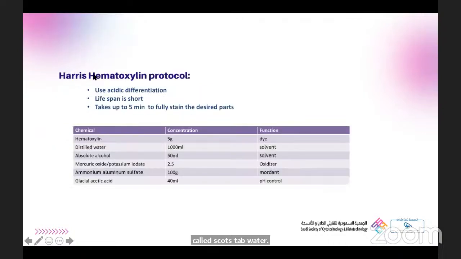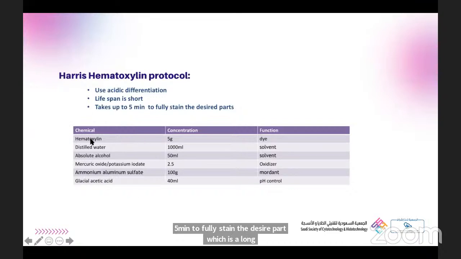Here we come to the Harris hematoxylin protocol. It's more used in regressive staining, which uses acidic differentiation. The disadvantage of Harris is that its lifespan is short. It takes about 5 minutes to fully stain the desired part, which is a long time compared to Gill hematoxylin.